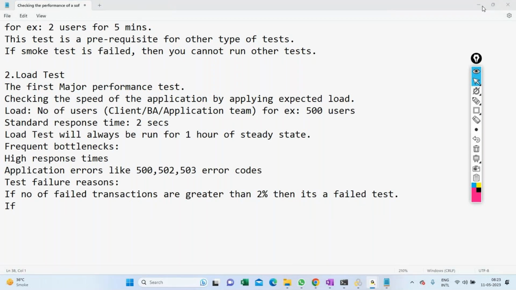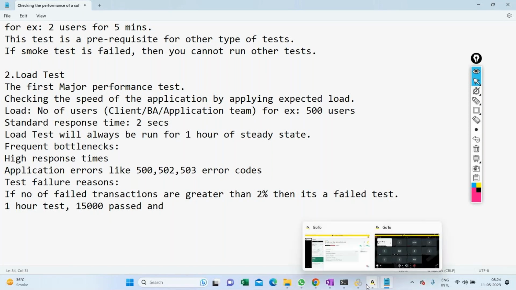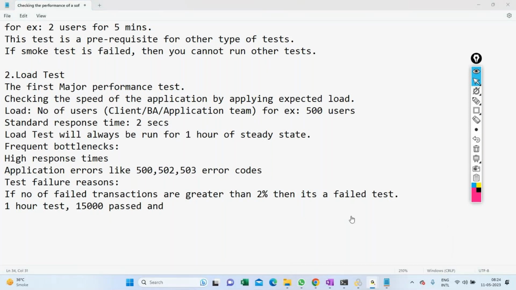So if the number of failed transactions is greater than 2%, then it's a failed test. What do you mean by that? Let's say you run a 1 hour load test, and after that you got some 15,000 passed transactions, and let's say you have 1,200 failed transactions.